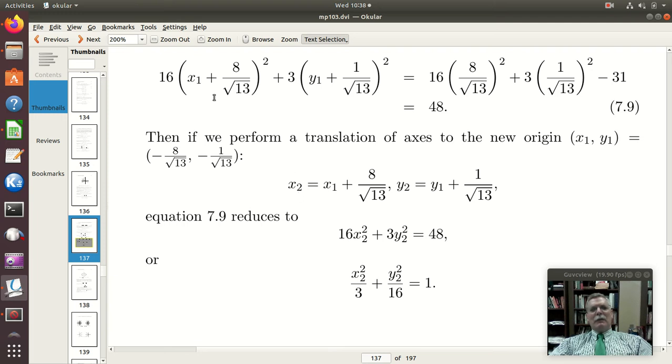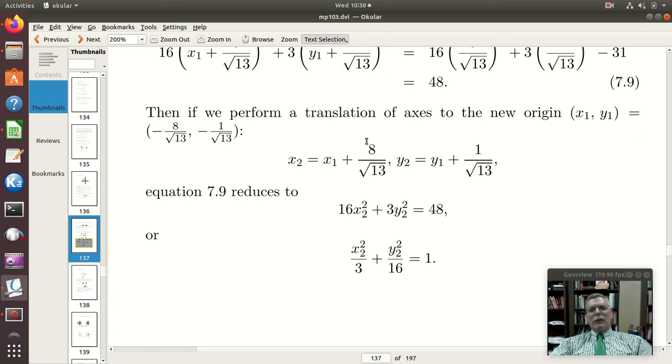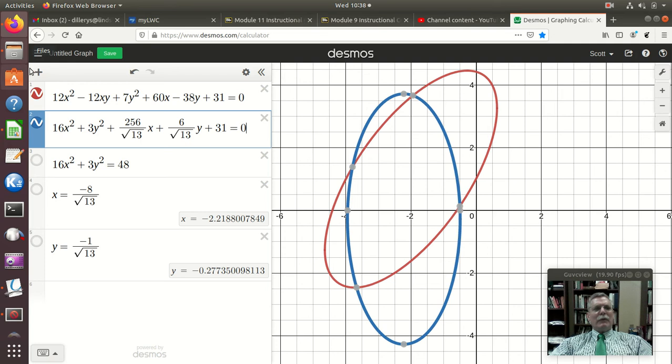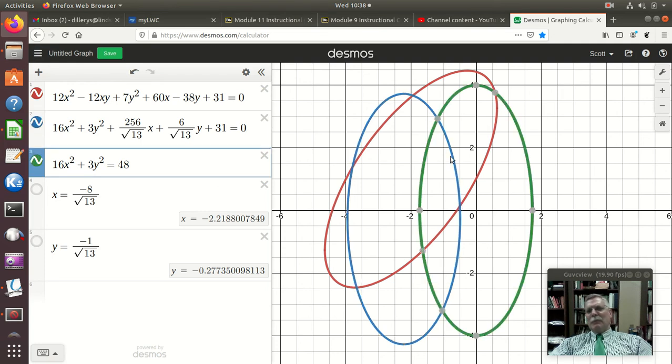So they say let x2 equal what's in here, because then we'll get 16 x2 squared. Let y2 equal what's in here, then we'll get 3y2 squared equals 48. So they do that, and so then they have that, and so if we plot that, which I've got here, you see now that has moved it over so it's centered at 0, 0.